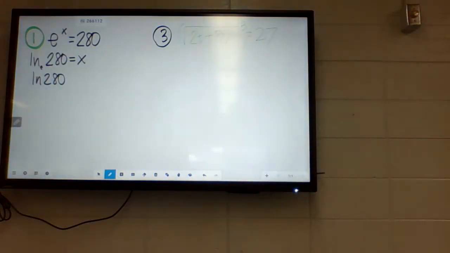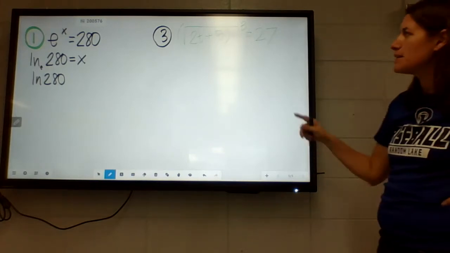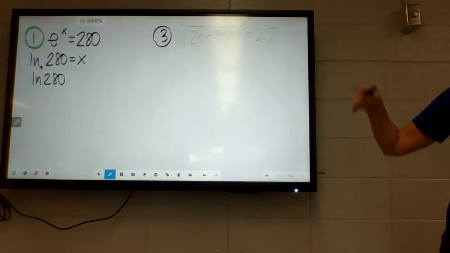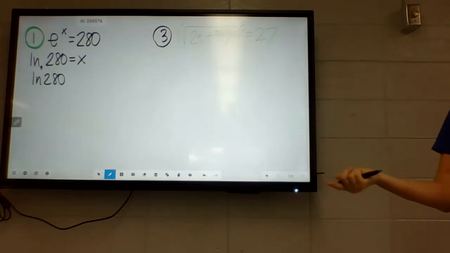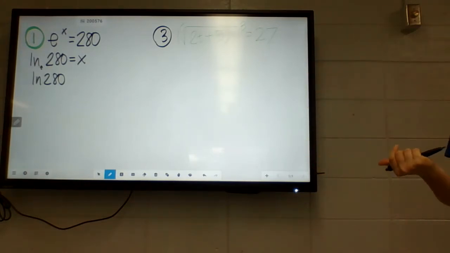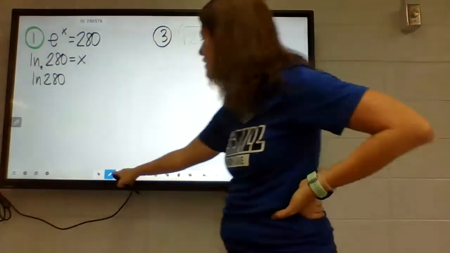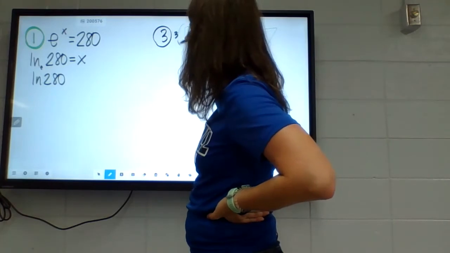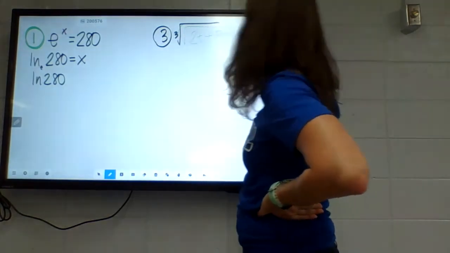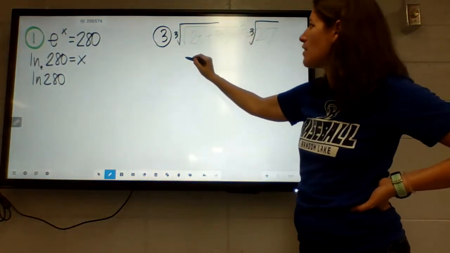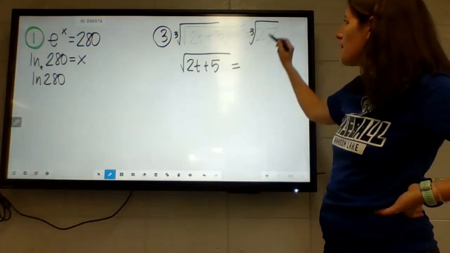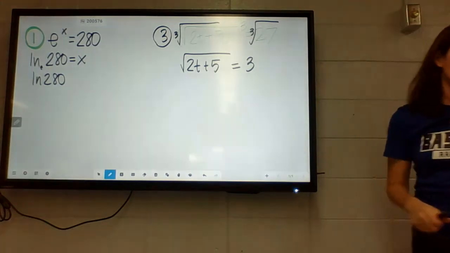Okay. So guys, that looks a little weird, but it's the same idea here. So we want to get rid of, so there's a square root, but there's also a third power. So I'd probably suggest trying to get rid of the third power first. So I would then take the cube root of each side. So the cube root of each side would cancel this out. So I'll be left with the square root of 2t plus 5. And then the cube root of 27 is actually just 3.